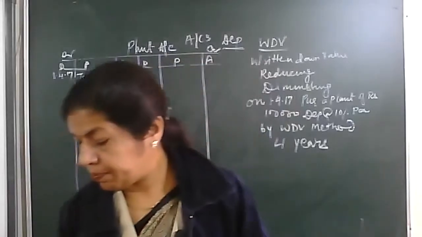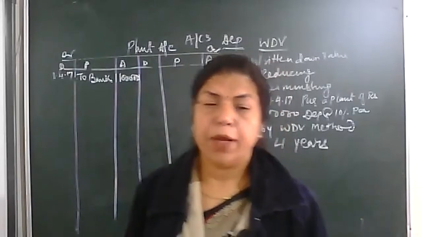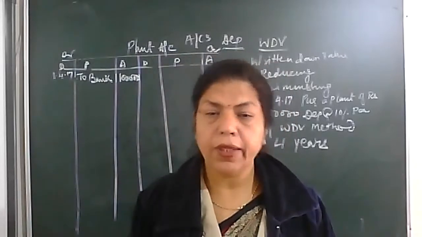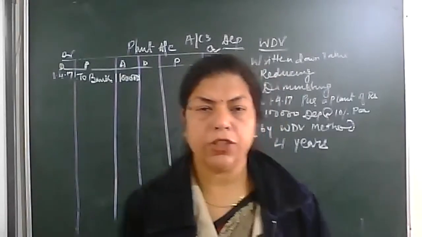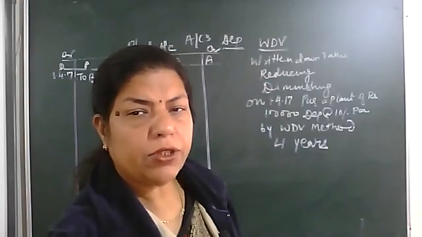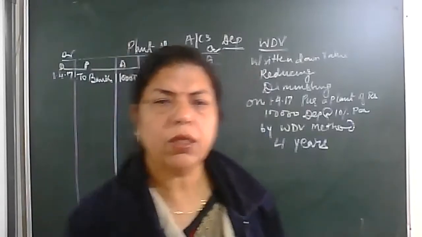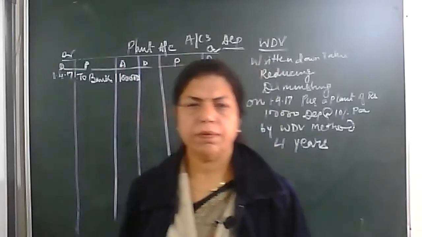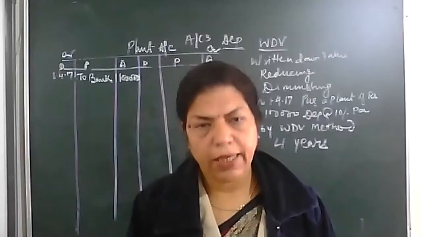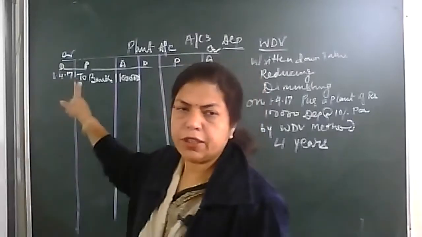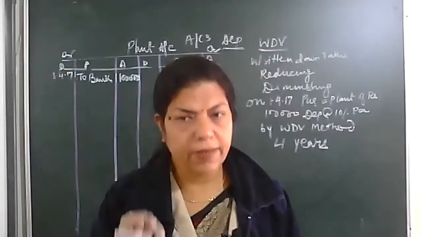According to the rules of accounting, plant comes in, that's why debit, and payment from bank is going out, that's why credit. But if the payment is made in cash, then you have to write cash account here.